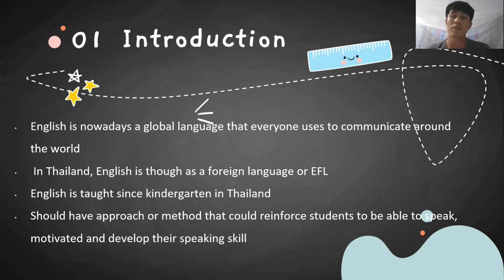If students or people can use English properly, they will have a better chance and a better opportunity for their career path in the future. For Thailand as well, people who are good at English will have better job opportunities. But in Thailand, English is taught as a foreign language, or EFL.